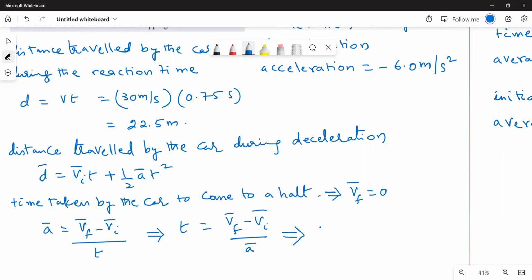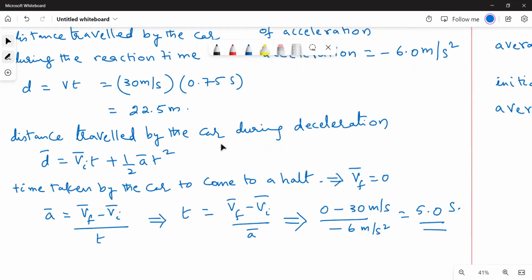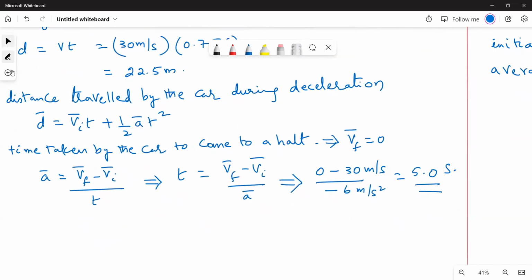So 0 minus 30 divided by minus 6 gives the time, 5 seconds. Now we know Vi, we know the acceleration, and also the time to come to a halt. We substitute the values here and find the distance traveled by the car.